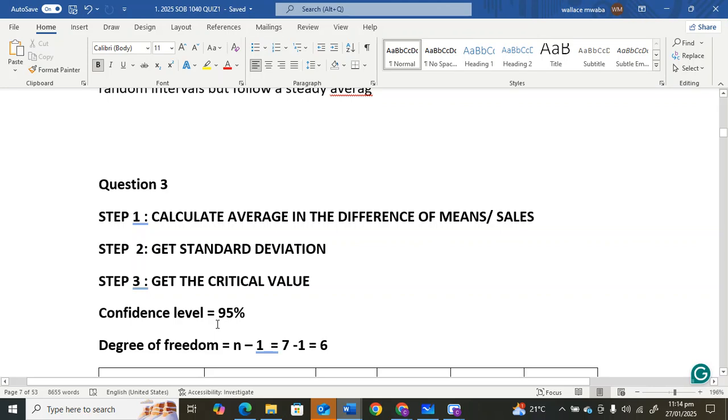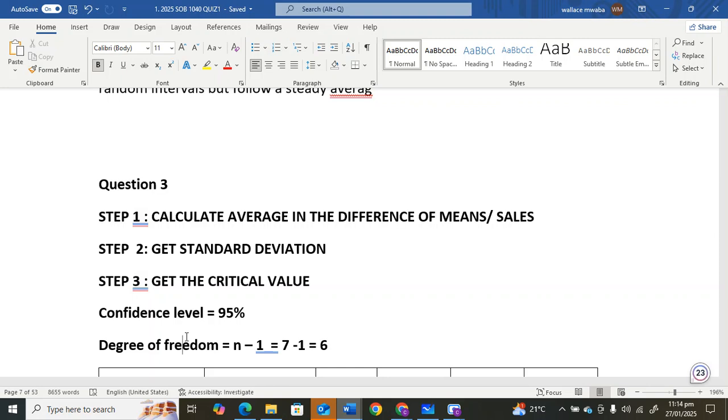Confidence level will be given to you. The only thing you need to find is just the degree of freedom. And if you want, even step three, you can bring it in front of step two, because the critical value is not dependent on any of the steps. So you can find it at any point.